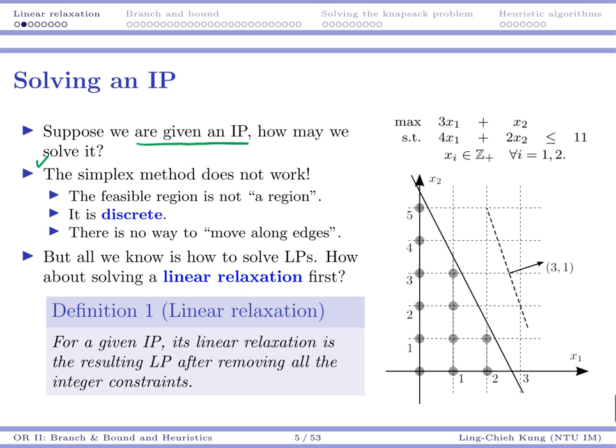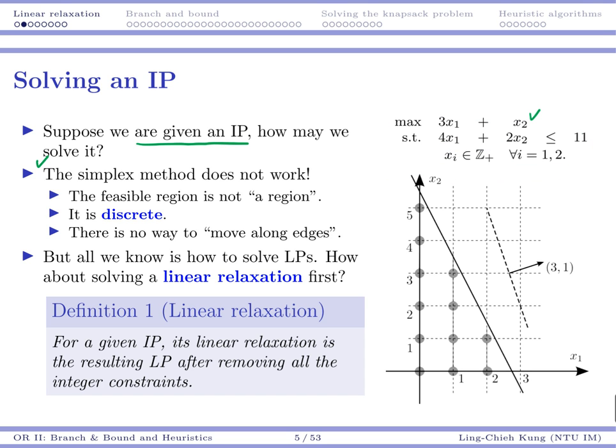We know that the simplex method now does not work, because previously when we were talking about the simplex method, your feasible region is really a region. But now instead you have some discrete points. For example, in this integer program, this is a linear constraint, a linear objective function, a linear constraint. But now your x1 and x2 must be integers.